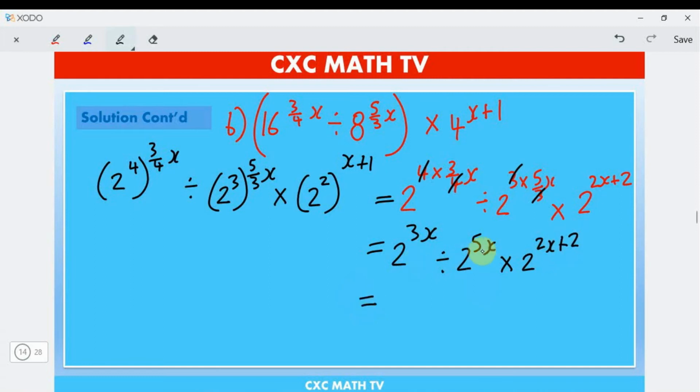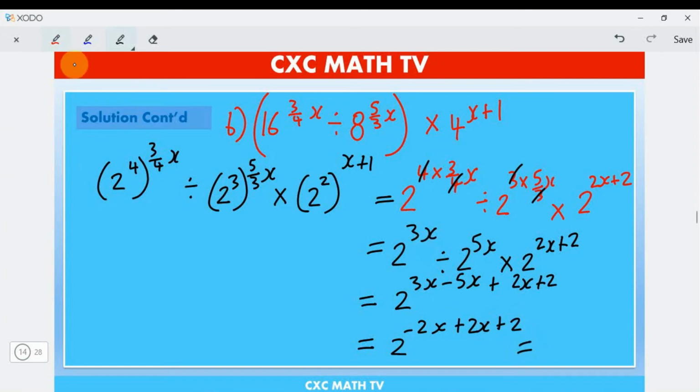Now, when you divide, you subtract the power, so that's 3x minus 5x, and then you add the 2x plus 2. So when we simplify 3x minus 5x, that is minus 2x, so that's 2 to the minus 2x, but then we're adding 2x plus 2.